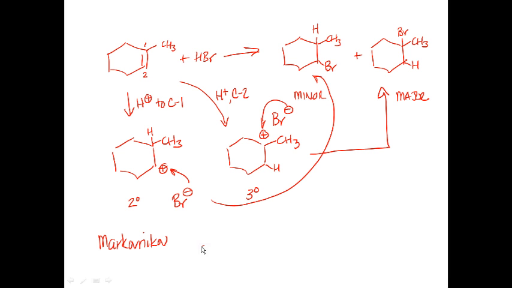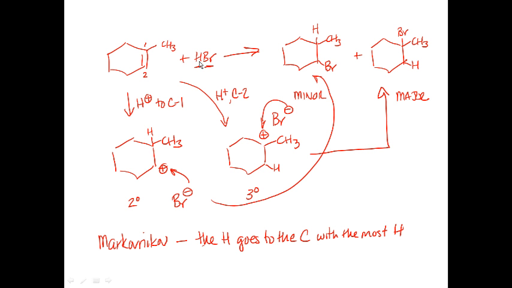And what Markovnikov said was that in an addition reaction of H and let's say X to a double bond, the hydrogen goes to the carbon with the most hydrogens.